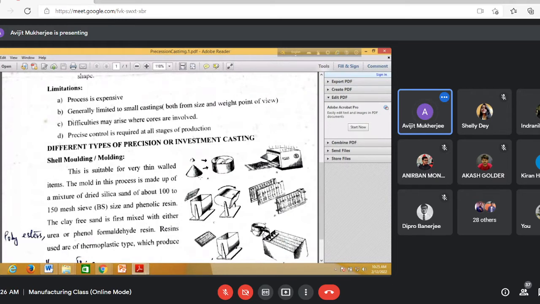Now here, say the material is silica sand. In shell molding, the material is silica sand, not other ceramic or plaster. In shell molding, the material is silica sand, dried silica sand. And the size of that sand is 100 to 150 mesh. Now you know what is GFN, grain fineness number. So this is as per British standard. The concept is the same.